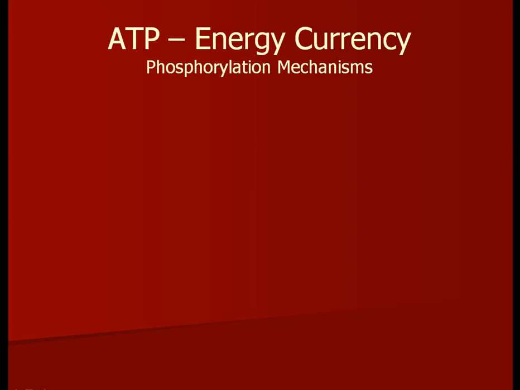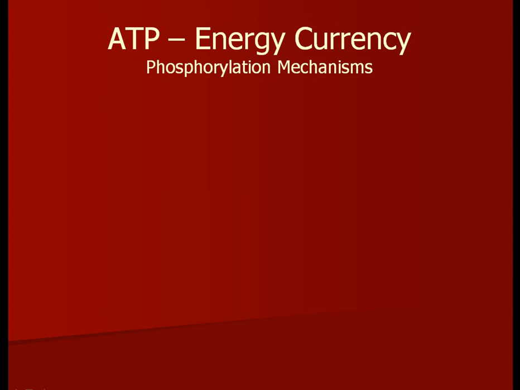How do we actually make ATP? Well, there are 3 mechanisms to phosphorylate ATP. Remember, phosphorylation is the addition of a phosphate group to any kind of molecule. In the production of ATP, we are adding phosphate to ADP, or adenosine diphosphate.